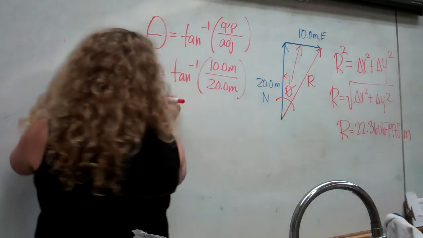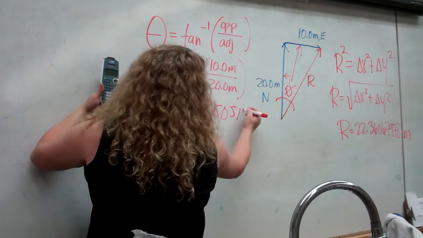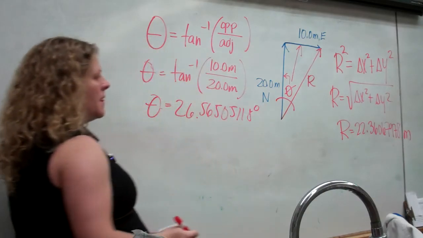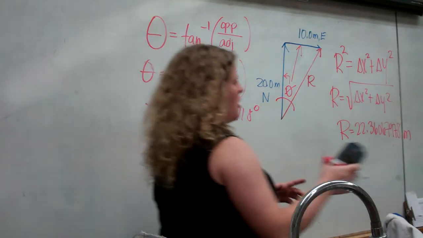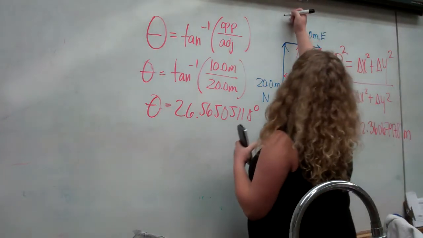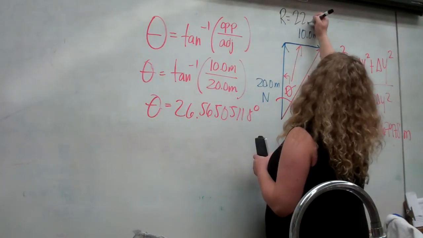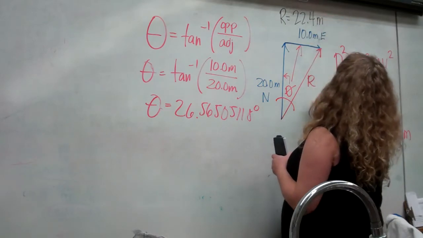26.5650518 is theta. So what's our resultant vector, our final answer for this problem? How will we write this? Okay, we have 3 sig figs to work with. So R, the resultant vector, equals, you said 22.4 meters, Jason?